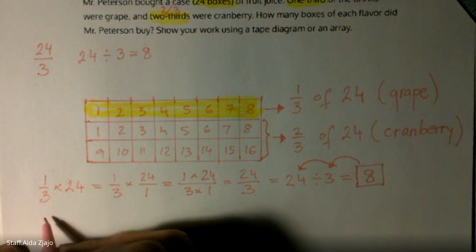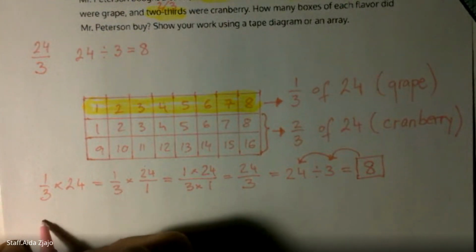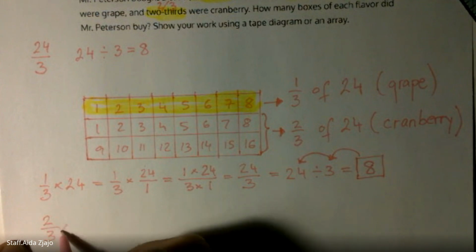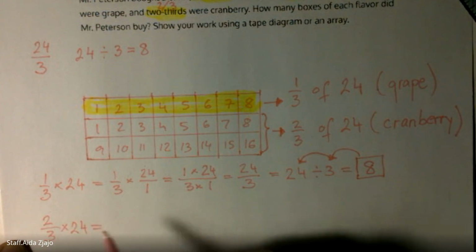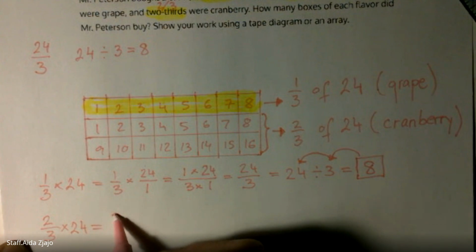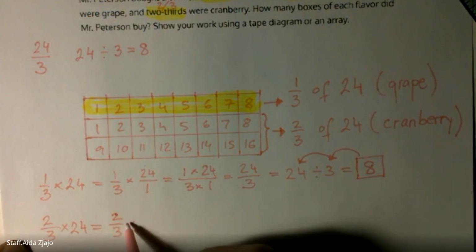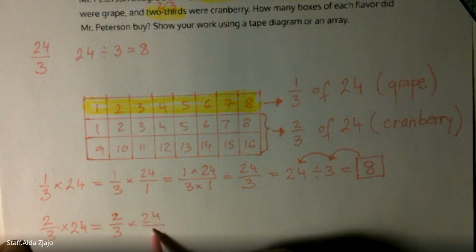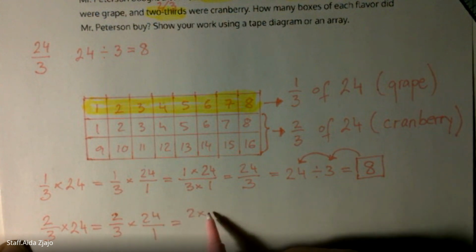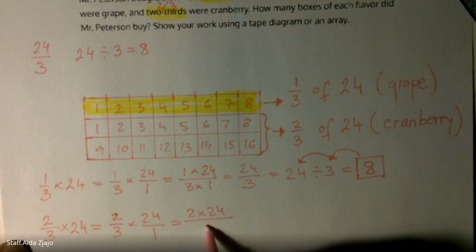If I do 2/3, I can do 2/3 times 24 over 1. So 2 times 24 and 3 times 1.